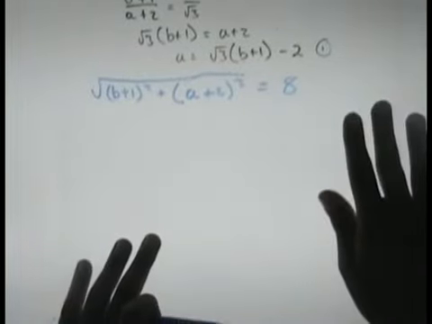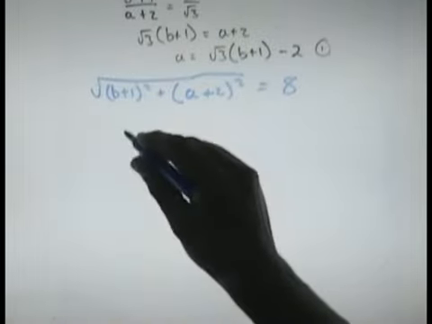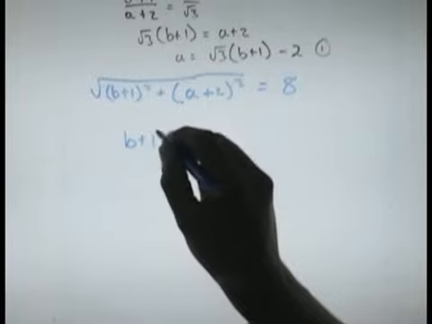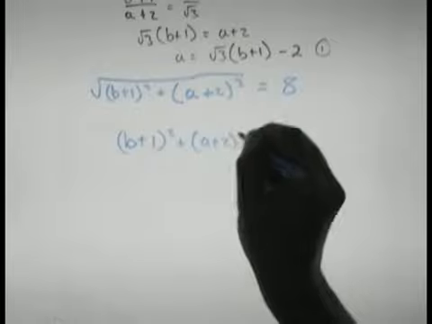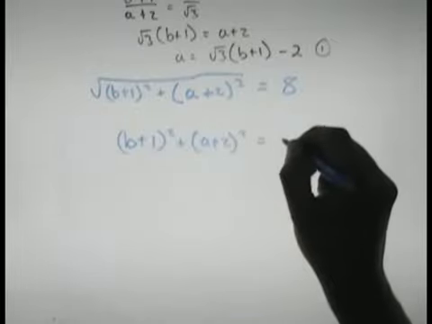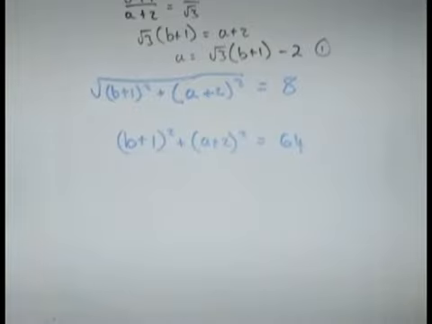Because that has to equal 8 units, I'm just going to get rid of the square root sign. That means that (b plus 1) squared plus (a plus 2) squared is equal to 8 squared, which is 64.